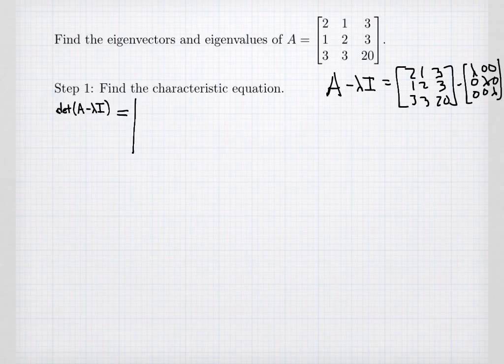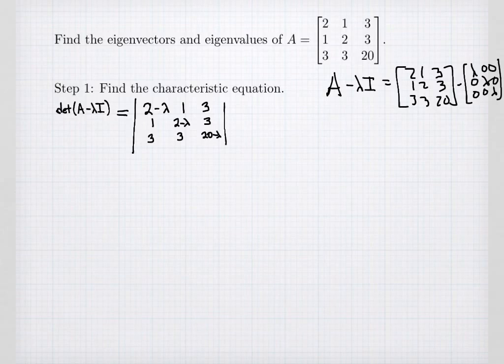We're going to take the determinant of 2 minus lambda, 1, 3, and then 1, 2 minus lambda, 3, and 3, 3, 20 minus lambda. We're calculating that determinant. And notice that I used straight bars, not brackets, because I'm calculating a determinant. So how do I calculate a determinant?